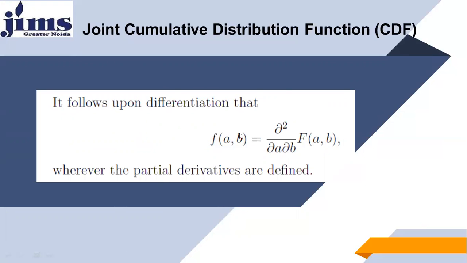That's why the joint PDF f(a,b) is the derivative of the joint cumulative distribution function F(a,b). So the basic concept remains the same. What is the basic concept? PDF is always the derivative of CDF, and this is also true in the joint case, whether joint PDF or joint CDF.